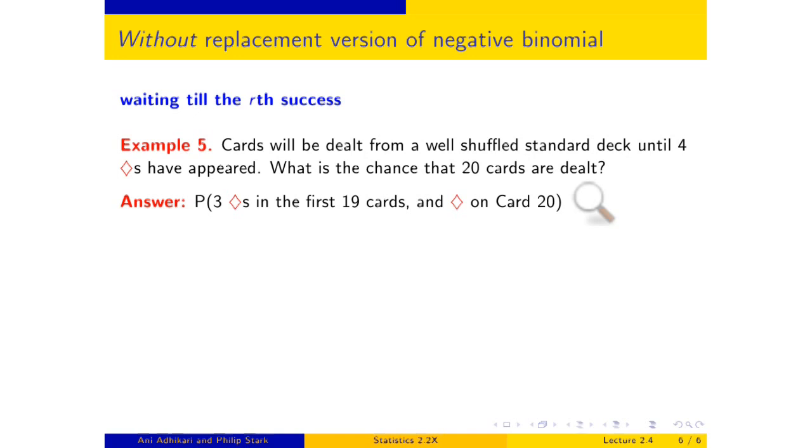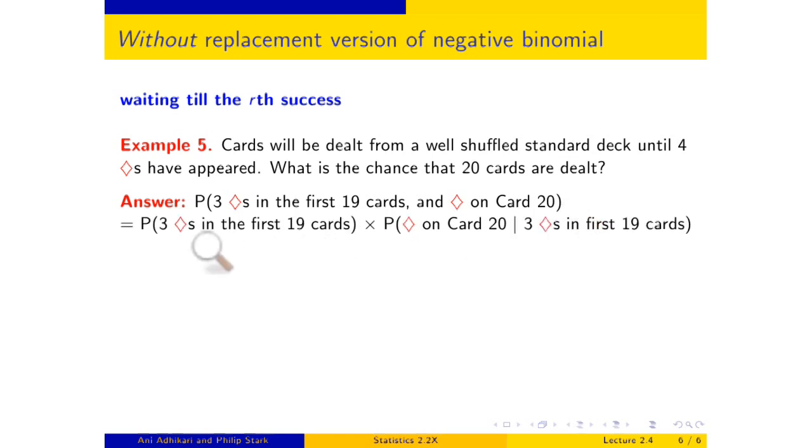Can we find this? Yep. These 2 events both have to occur, so multiplication rule. The chance of 3 diamonds in the first 19 cards times, and now I cannot avoid that condition, the conditional chance of getting a diamond on card number 20, given that you have 3 diamonds in the first 19 cards.